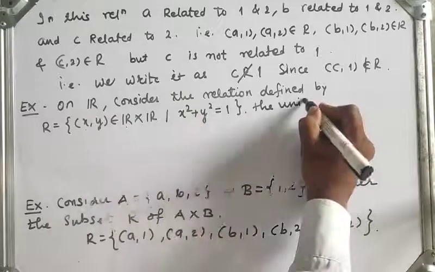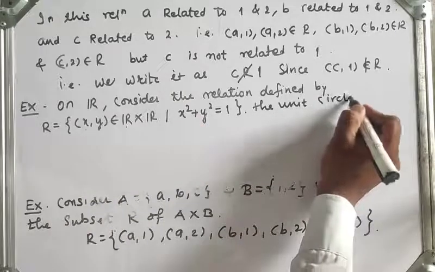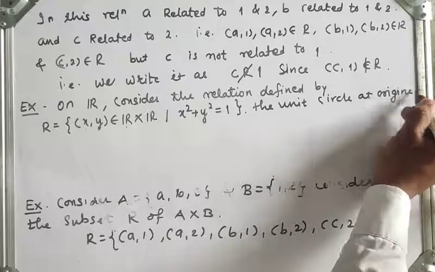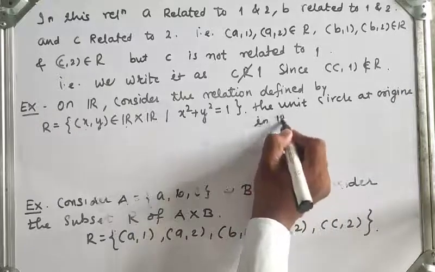This is the unit circle at the origin in R2.